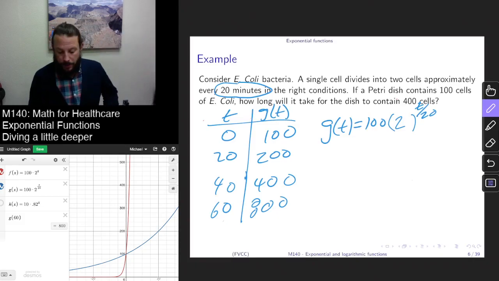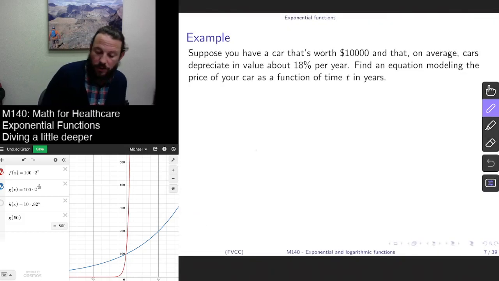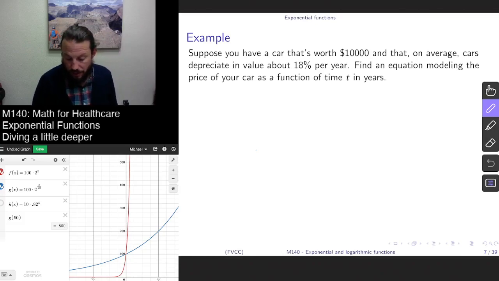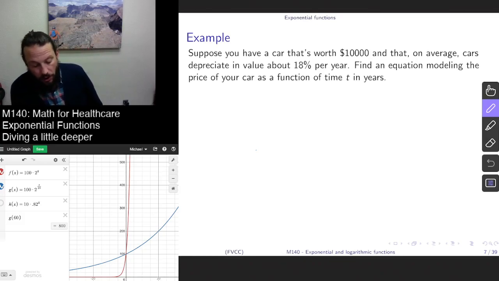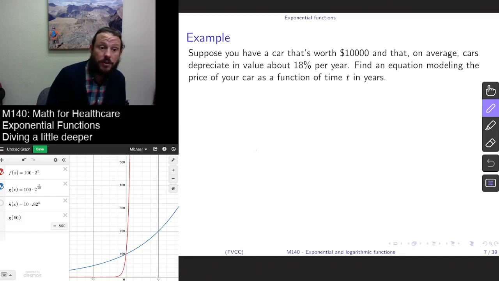All right, let's look at another one here. Now we have a car that's worth $10,000, and on average, cars depreciate in value about 18% per year. Find an equation modeling the price of your car as a function of time t in years. First of all, we see it's depreciating.